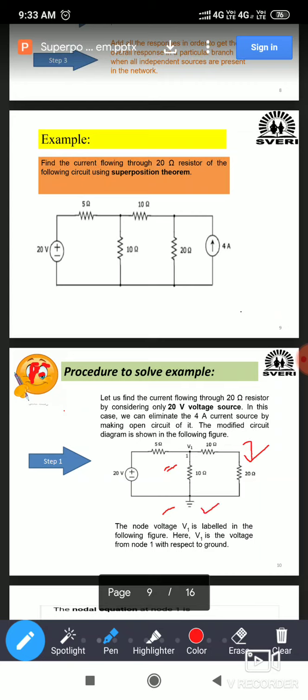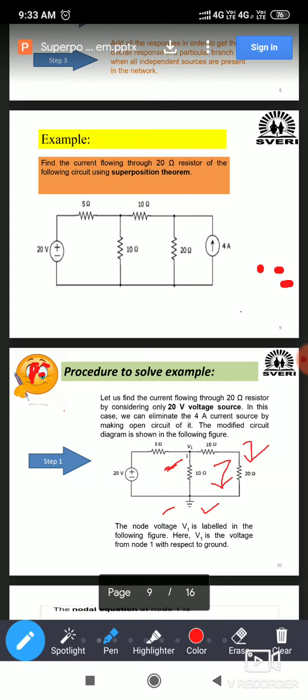So the ground node I have considered here, and for the remaining node I have to assign the node voltage, and that node voltage will be V1. Assigning means give the name. Only one node is present, so one unknown will be there, and that voltage you have to find out. Once you get V1, you can easily find out the current passing through this 20 ohm.